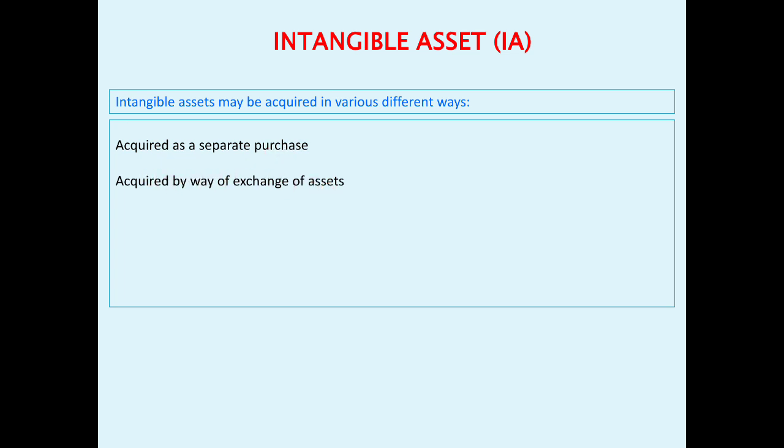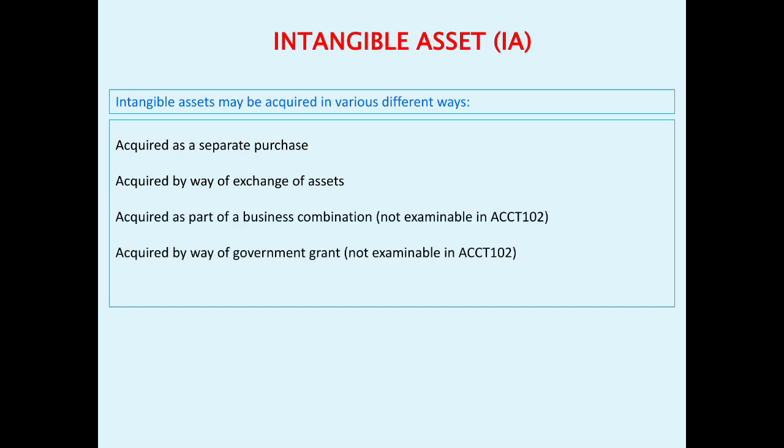If I have a phone worth 10,000 Rand and the intangible asset is 15,000 Rand, I will give my phone, which is worth 10,000. That is what I'll record my intangible asset for. We'll come to that, where you'll see which price you must actually put in your books when you exchange assets. But basically, you can acquire it that way too. These two are not examinable, so you don't have to worry about that.